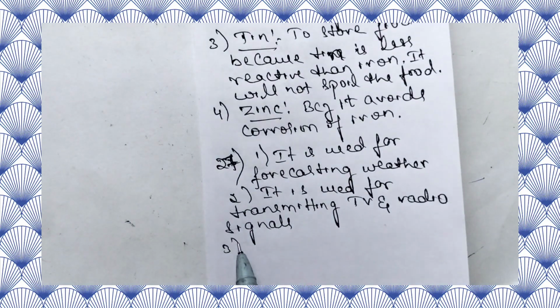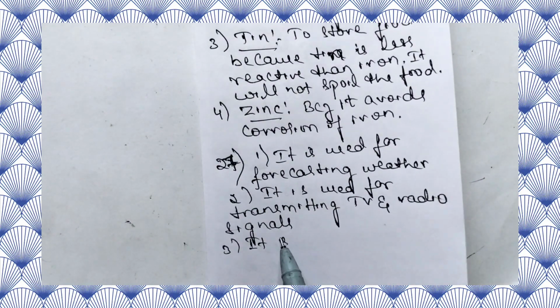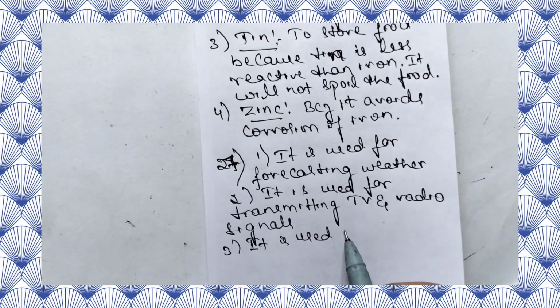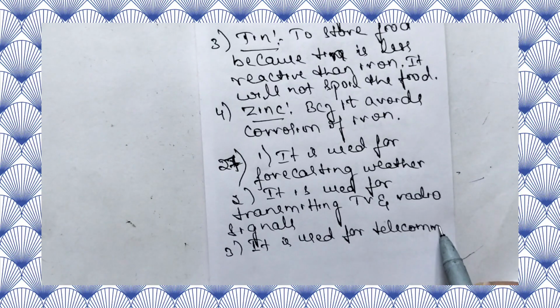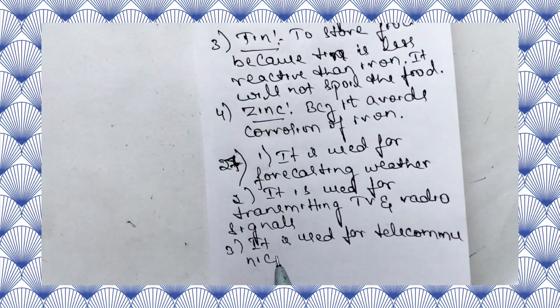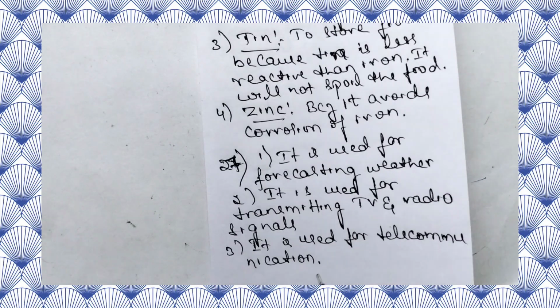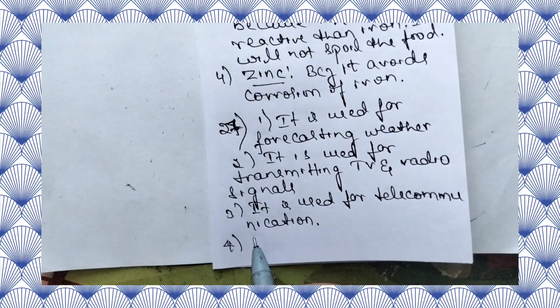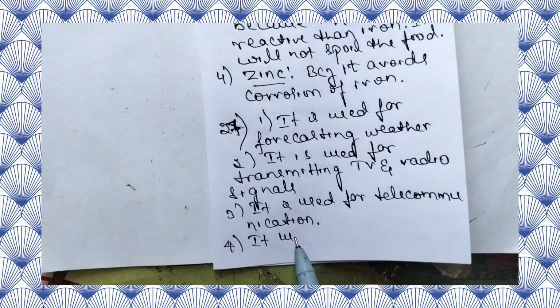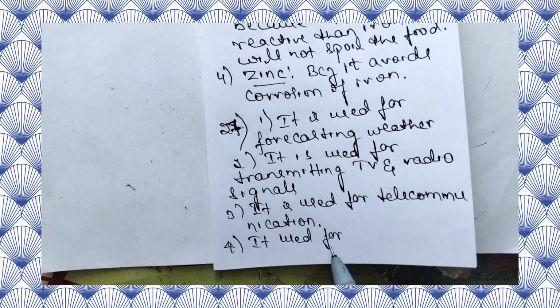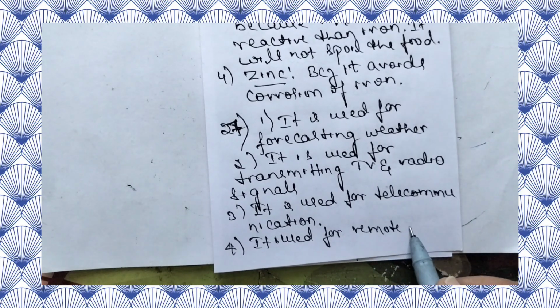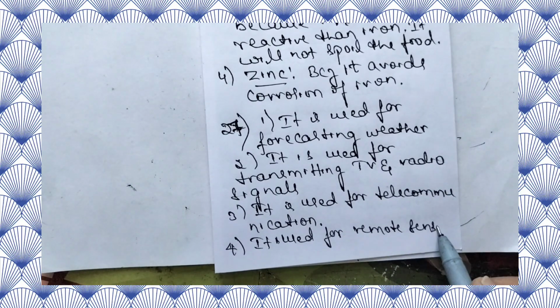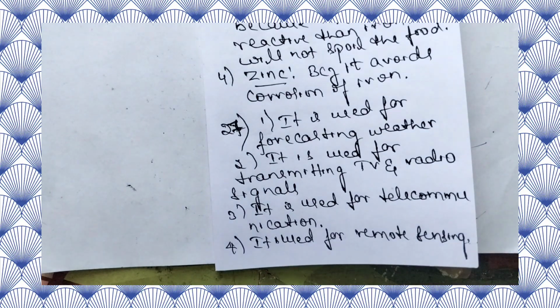Third one, it is used for telecommunication, and it is used for remote sensing. So these are the applications of artificial satellites.